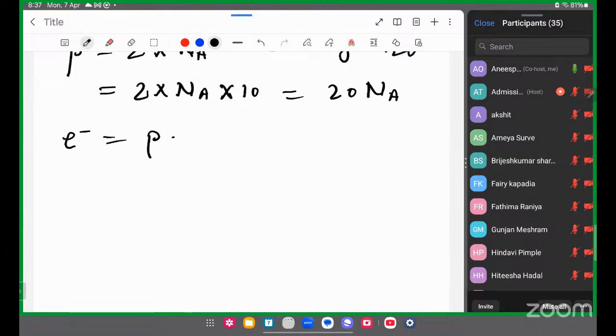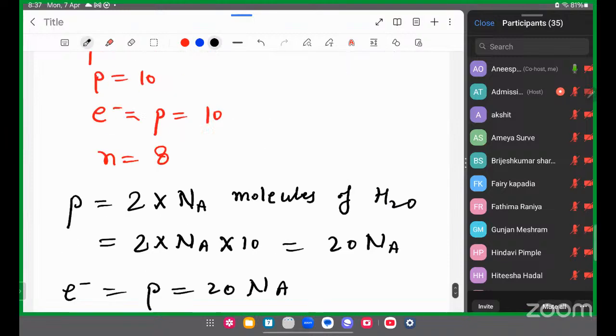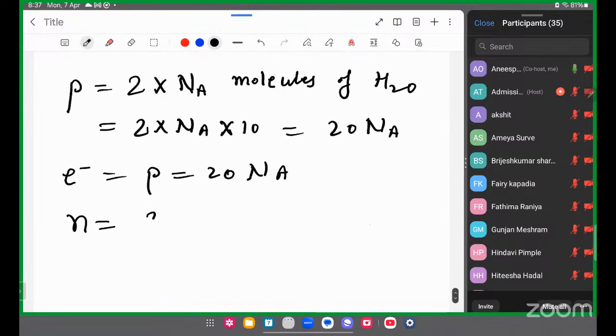Similarly, electrons will be 20 Na. And if you are looking for neutrons, this will be 2 into Na into 8, which means 16 times Avogadro number.